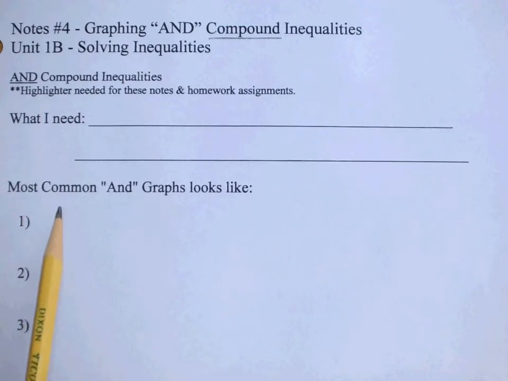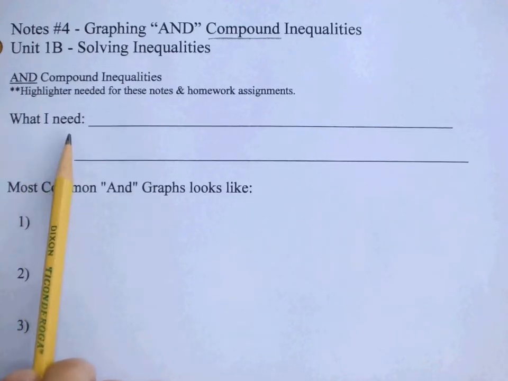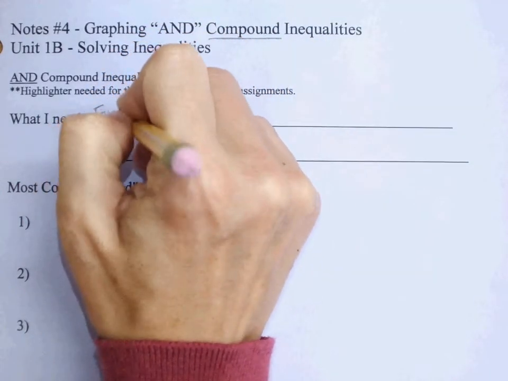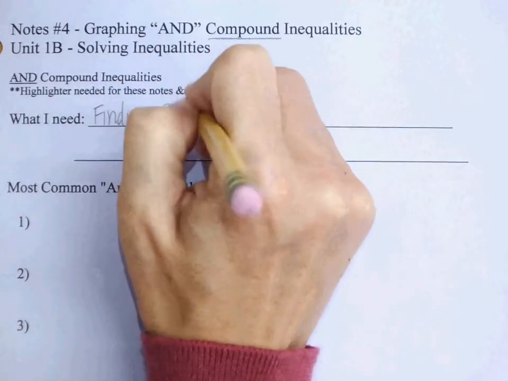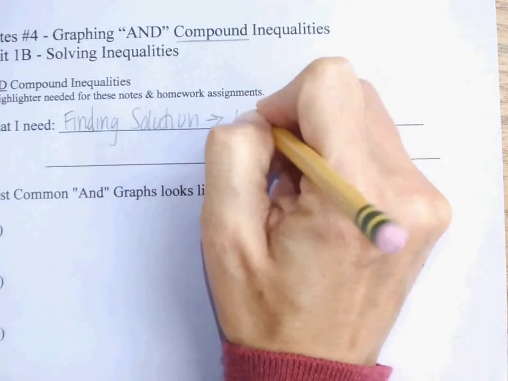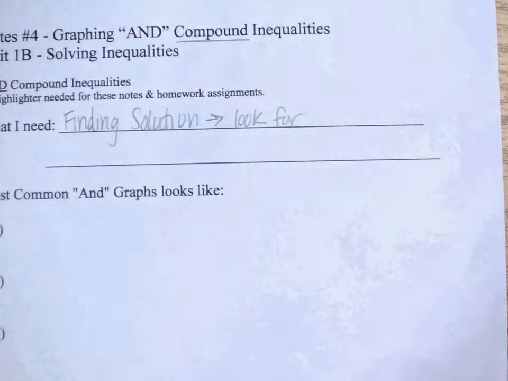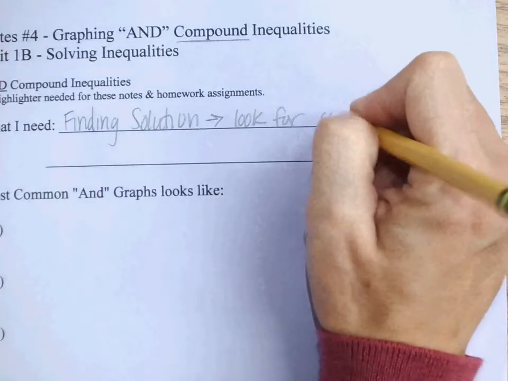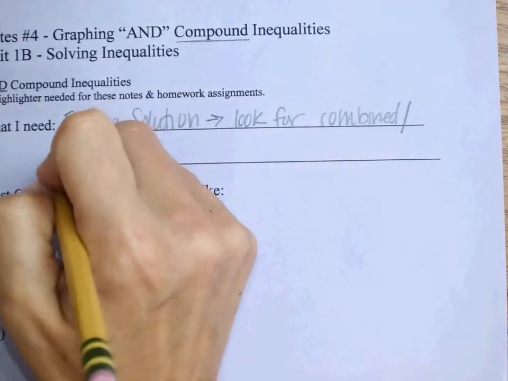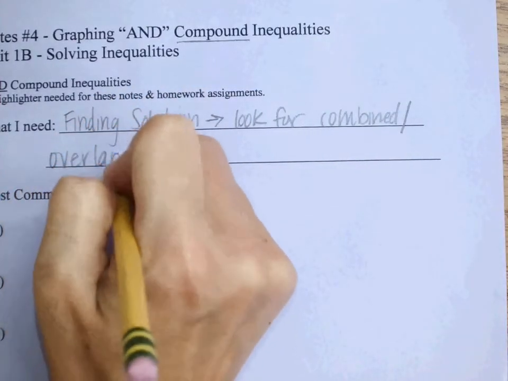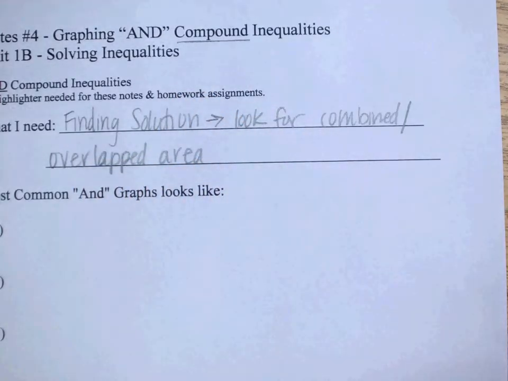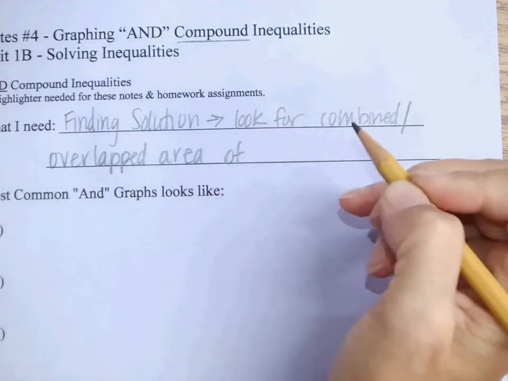What I need for finding the solution is that we're going to look for a combined area, or another way to think about it is where they overlap, of the inequalities on the line graph.